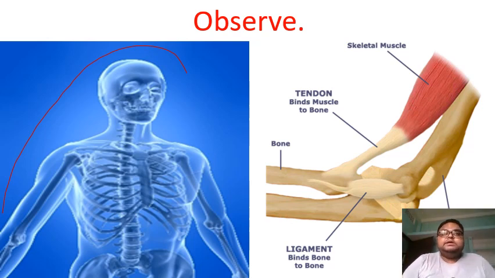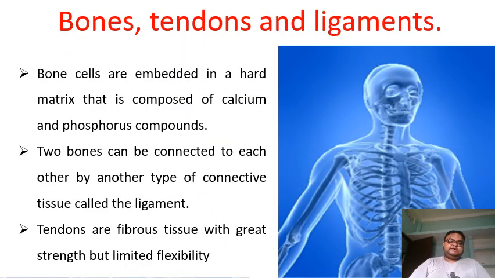You might be wondering, sir, how is bone a connective tissue? How is the skeleton a connective tissue? But let me tell you, students, this is a connective tissue. So bones, tendons, and ligaments are all part of the connective tissue, right? Bones are embedded in a hard matrix.